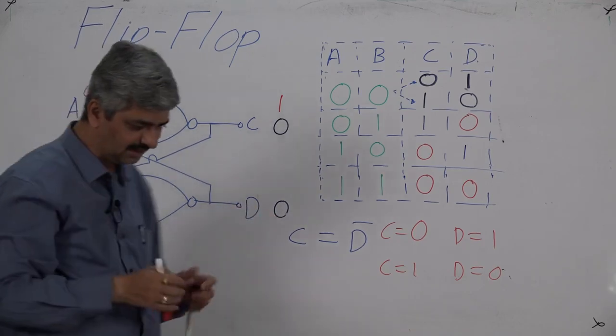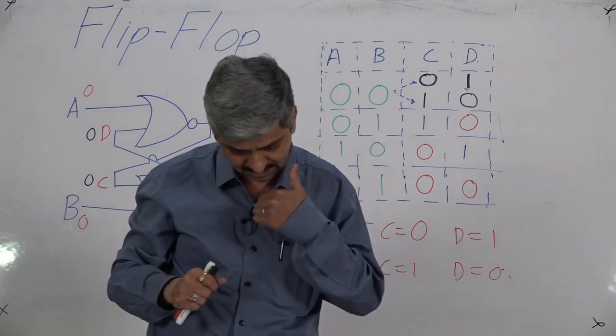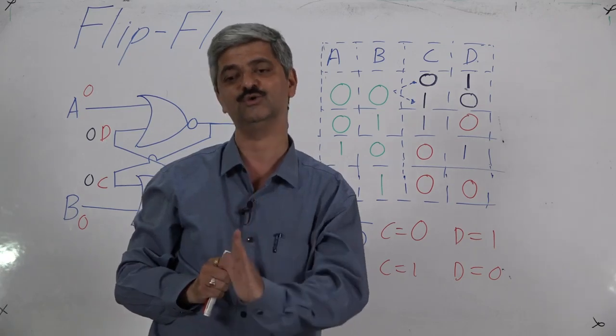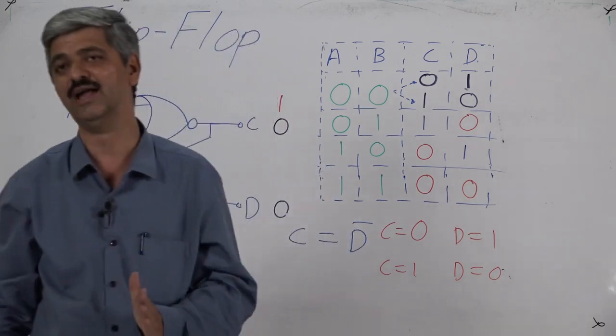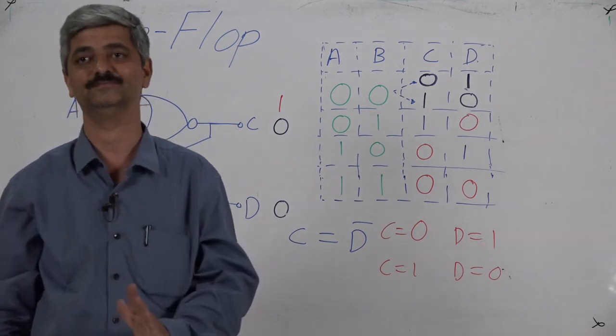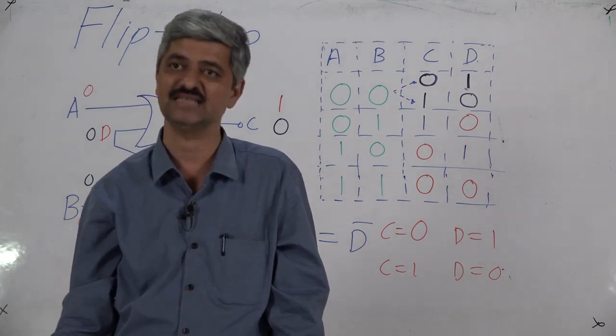So both gates try to become 1 and whichever gate becomes 1 first, the other gate will remain 0. So the 0, 0 state will self-destroy into either 0, 1 or 1, 0. 0, 0 is a self-destroying state, not a stable state.